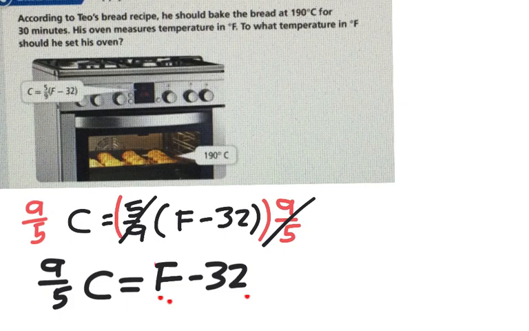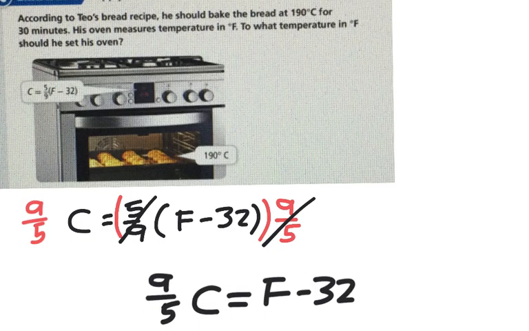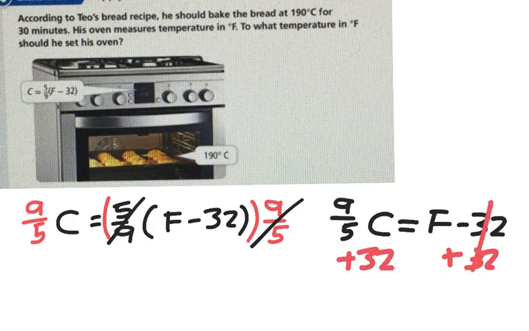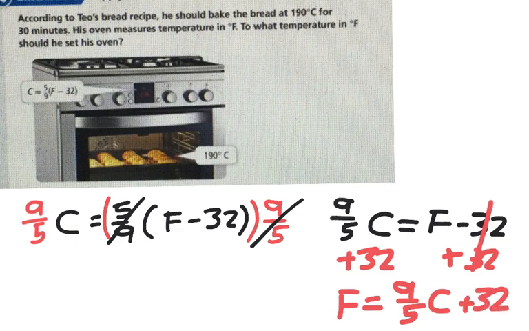Now the f is still not by itself because it is being subtracted by 32, so I can undo that by adding 32 to both sides. And that's going to tell me that the Fahrenheit temperature is equal to 9/5 times C plus 32.